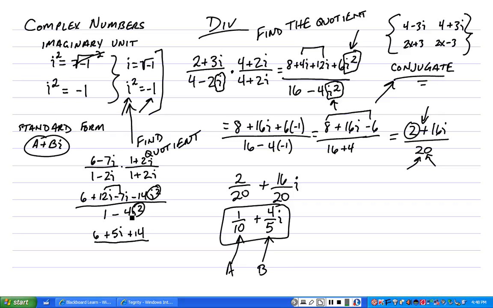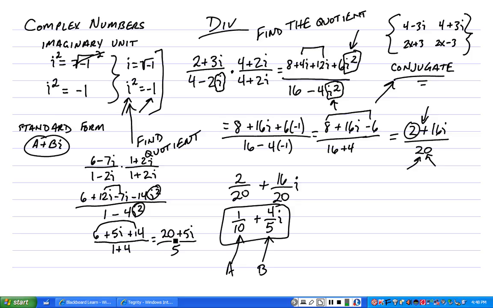Negative 1 times a negative 4 is a positive 4, so 1 plus 4. Like terms here and here, so that gives me 6 plus 14 is a 20 plus a 5i over 5, because 1 plus 4 is our 5.